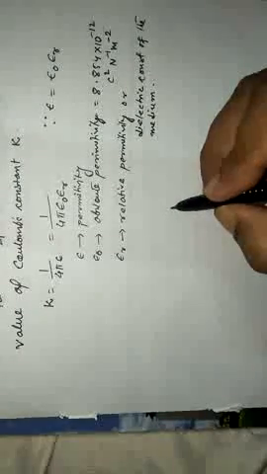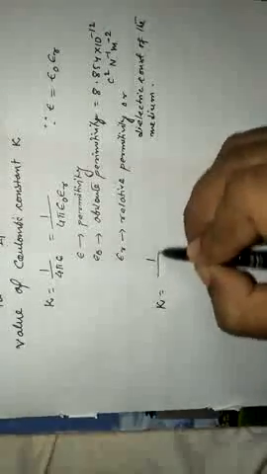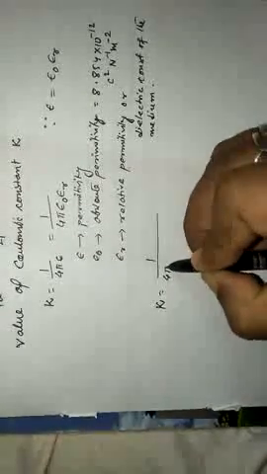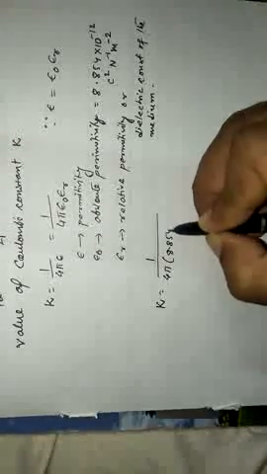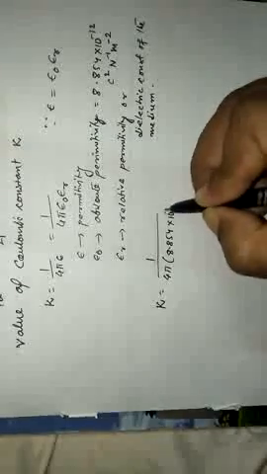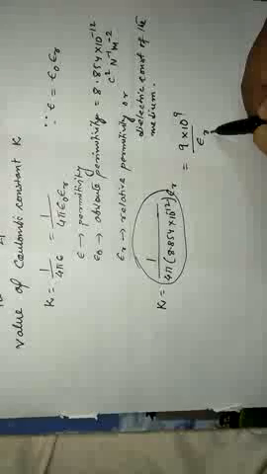So we can write K is equal to 1 by 4 pi, and the value of epsilon naught is 8.854 into 10 to the power of minus 12 into epsilon r, that is equal to 9 into 10 to the power of 9 divided by epsilon r. Now if you calculate this value, it comes out to be 9 into 10 to the power of 9 divided by epsilon r.